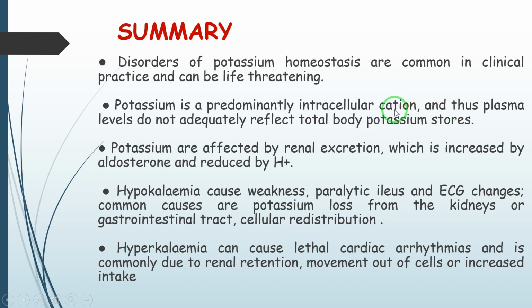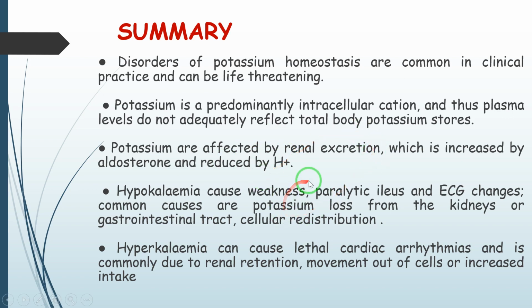Potassium is also affected by renal excretion, which is increased by an increase in aldosterone. When there is a decrease in the blood volume and blood pressure, there is an increase in aldosterone. Any increase in aldosterone will promote the retention of sodium and excretion of potassium. And the renal excretion of potassium is reduced by hydrogen.